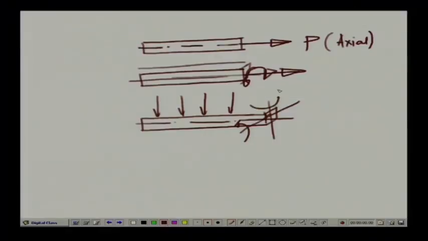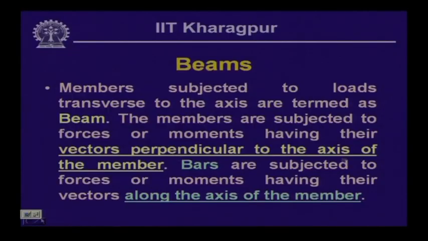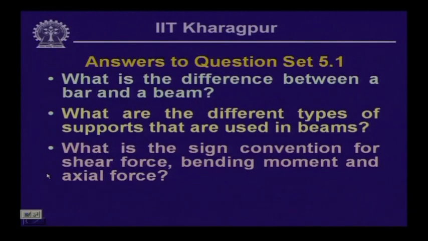Again, if the moment acts about the vertical axis, then also the vectorial notation of this moment is perpendicular to the axis of the bar. So, the member which is subjected to loads or moments, the vectorial notation of which is perpendicular to the axis of the bar, we normally designate as a beam. So, this is the difference between the bar and the beam.